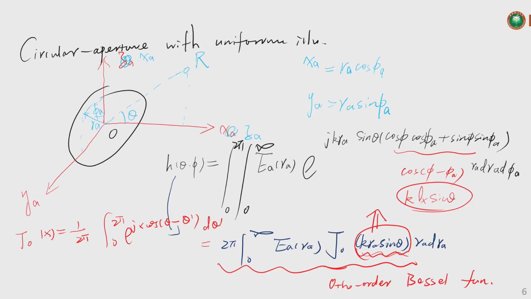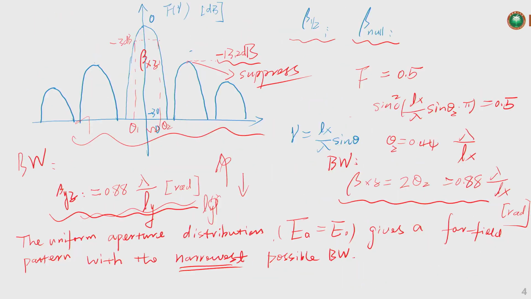So this is for the uniform illumination, and as we previously said, for the uniform illumination, it surely has the narrowest possible beam width for the main lobe. Okay, that's for the main lobe.